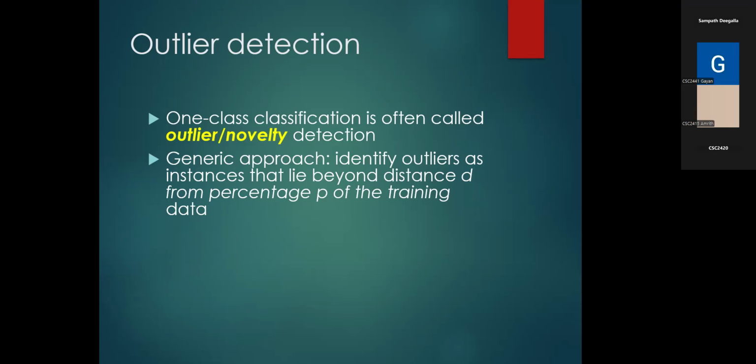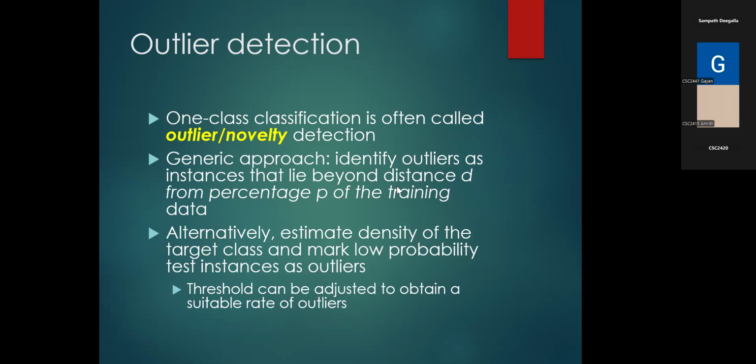If you're using box plots in visualization, box plots do this. Ideally, you look at the mean value and the standard deviation, and if a data point goes beyond 3 times the standard deviation, we can call it an outlier, right? So that's the way sometimes you can detect outliers.